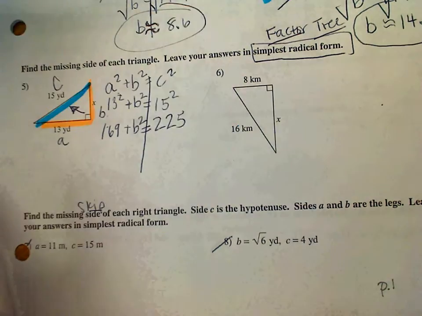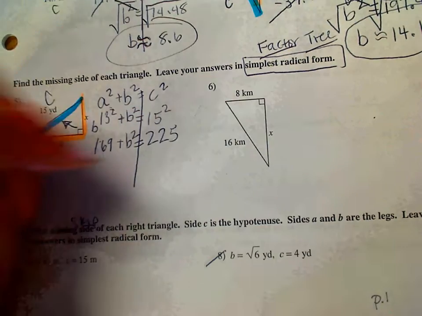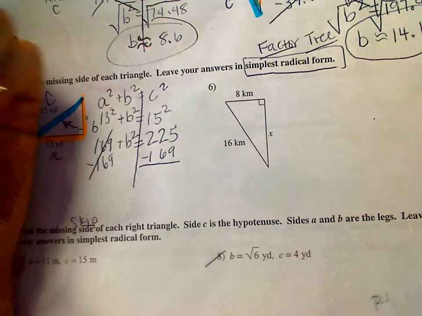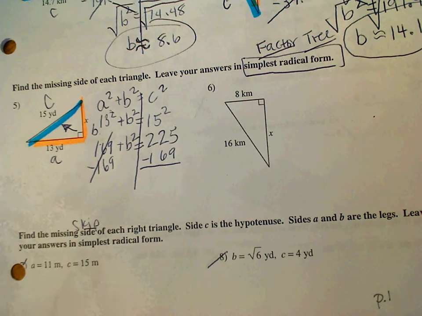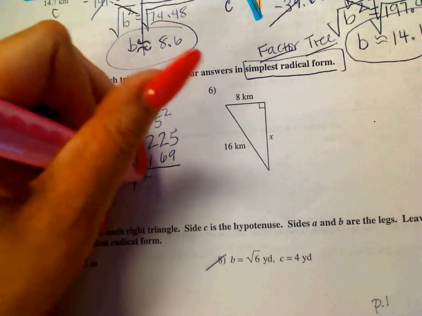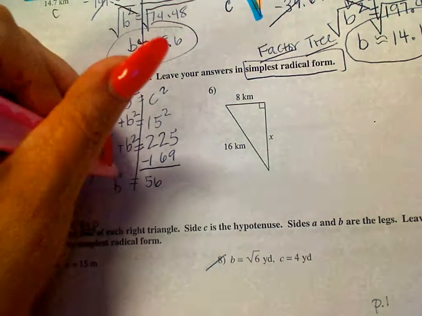They're on different sides, so we have to subtract. 225 minus 169 is 56. Okay, so now we have to leave this in simplest radical form.